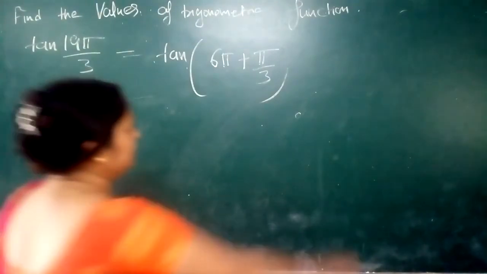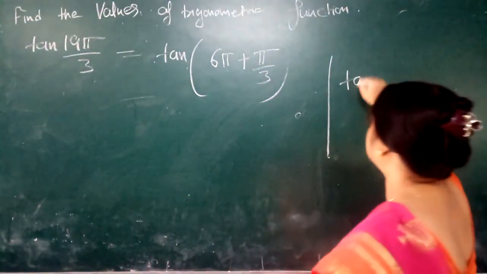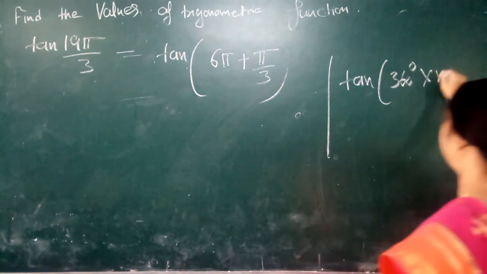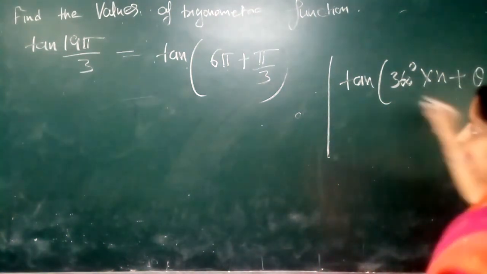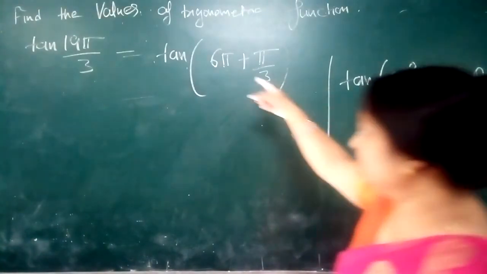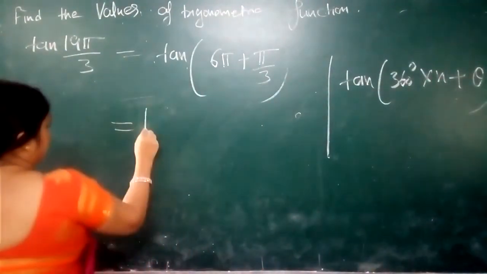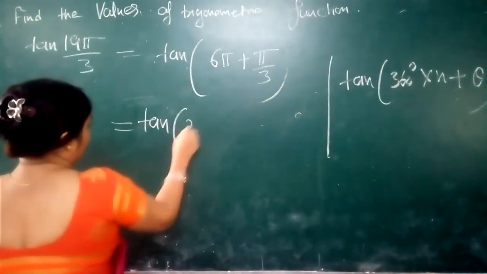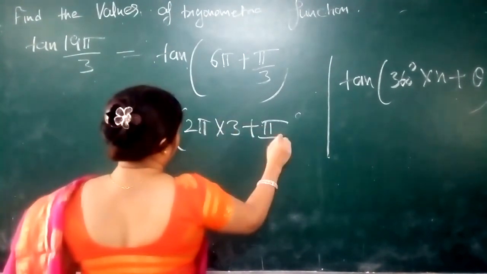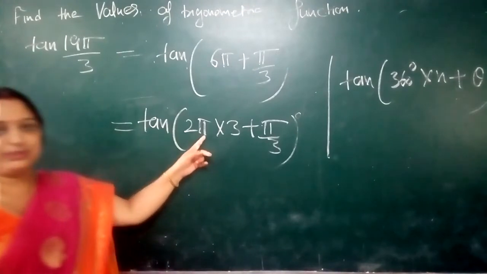Now after that we will change this term like this: tan of 360 degree into n plus theta. Here 360 degree in radian means 2 pi, so we can break it as tan of 2 pi into 3 plus pi by 3, because 2 pi into 3 is 6 pi.